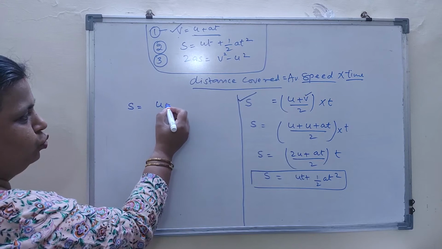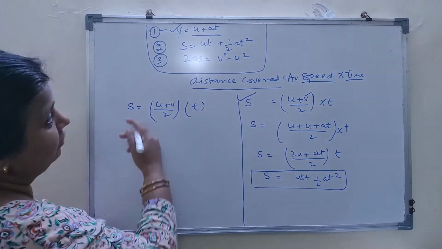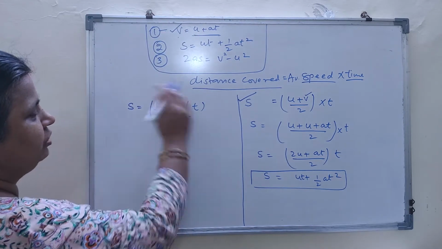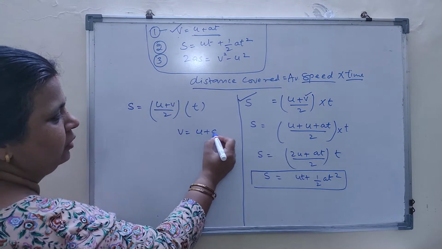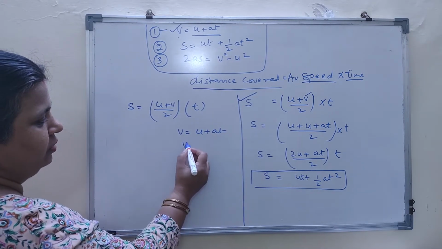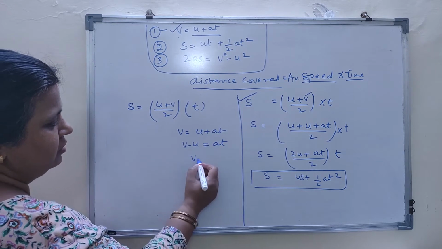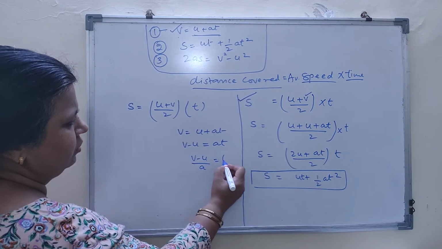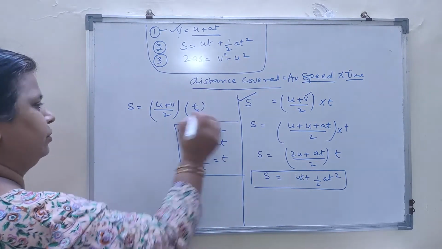So this is (u + v)/2 into time. Now what is time from the first equation of motion? It is v = u + at. First transpose u: v − u = at, then transpose a. This is (v − u)/a = t. So this replacement we should do for time here.